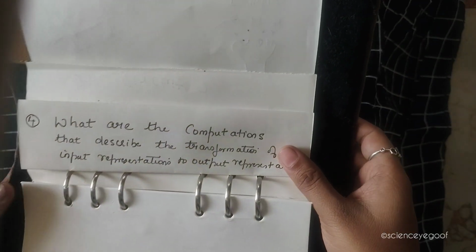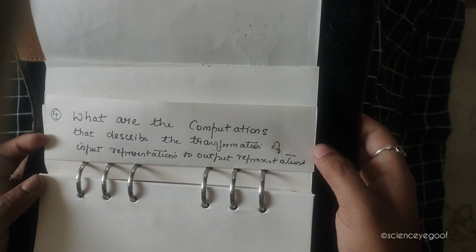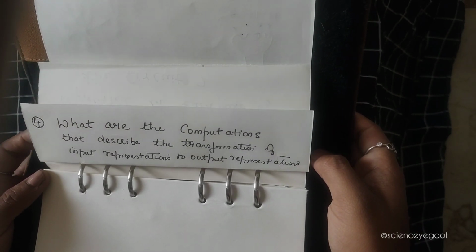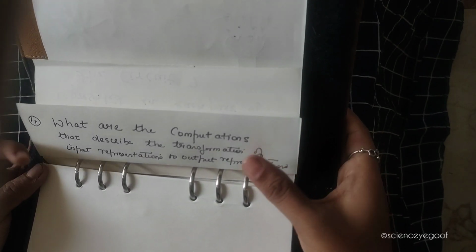The last question is what are the computations that describe the transformation of input representations to output representations. We shall try to understand each of these questions in a little more detail in the next part.